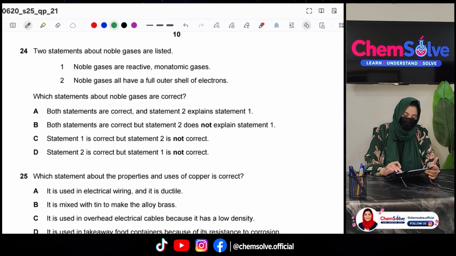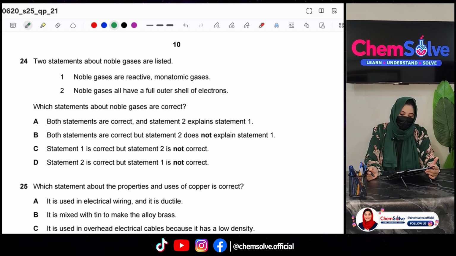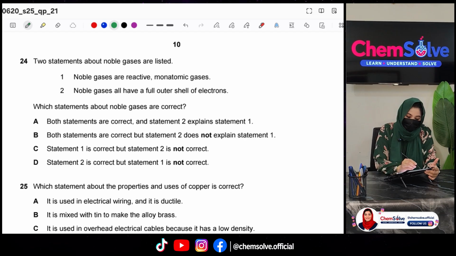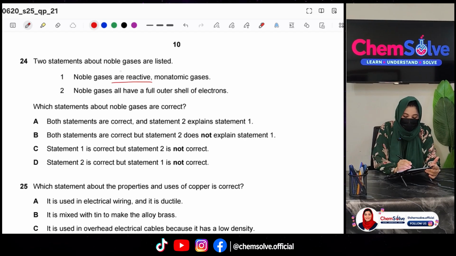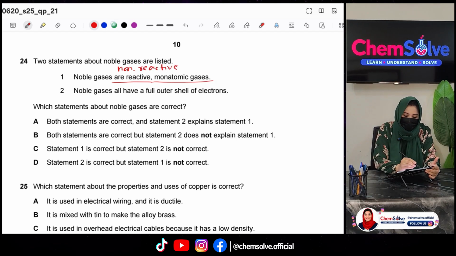Now moving towards question number 24. Two statements about noble gases are listed. Noble gases are reactive monoatomic gases. So, noble gases are non-reactive. Yes, they are monoatomic, but half of the statement is wrong, so this statement is overall wrong.